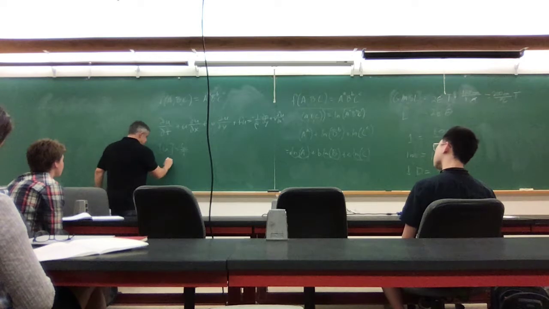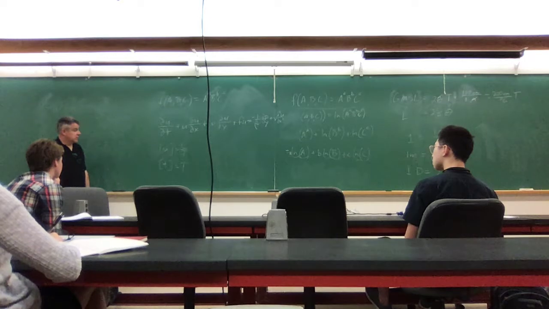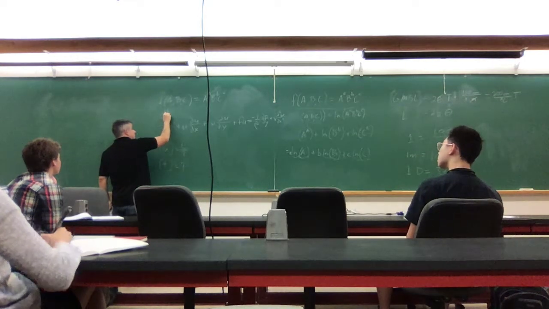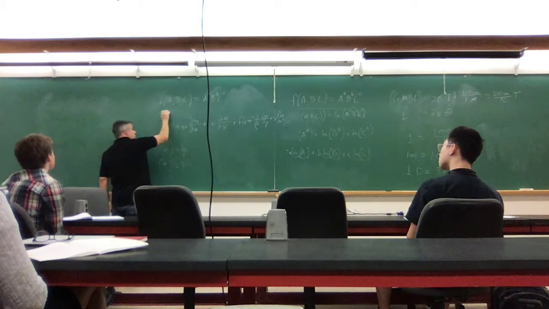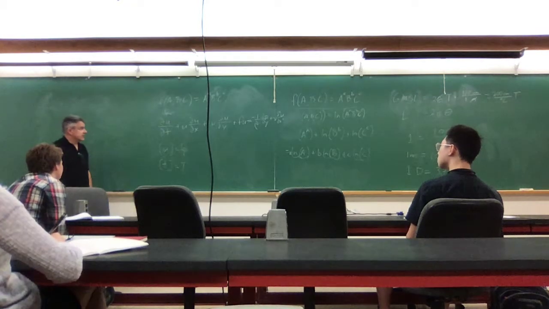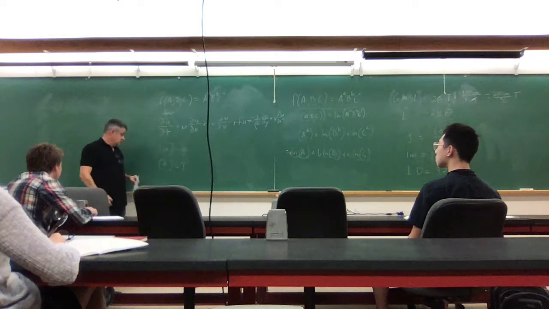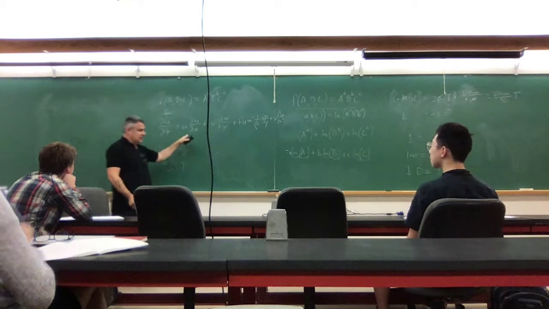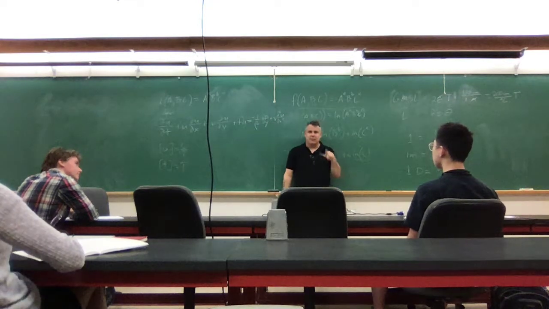So t has the units of time, and so this one has the units of length. We can think of this having the units of velocity over time, or as length over time squared. That's this term. Okay, what about this term? I'm adding them together. So if I can add two things together, do they have to have the same units?